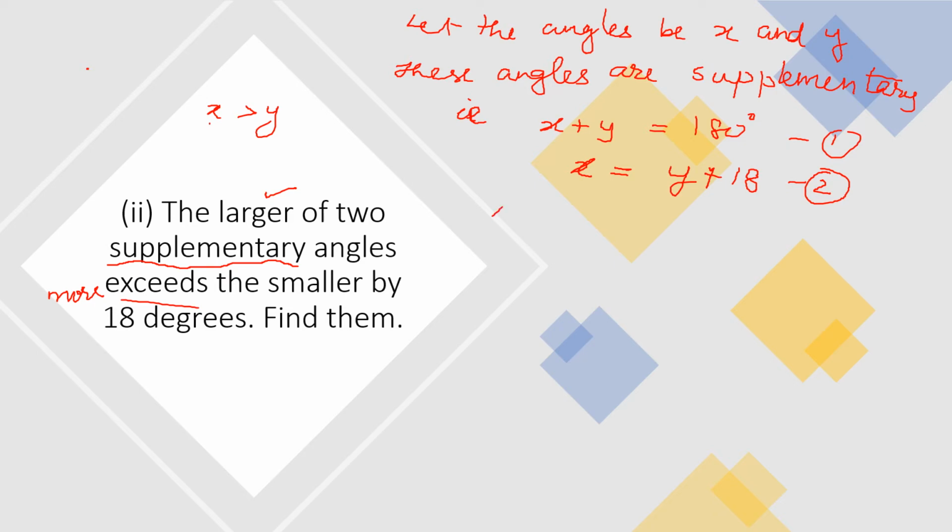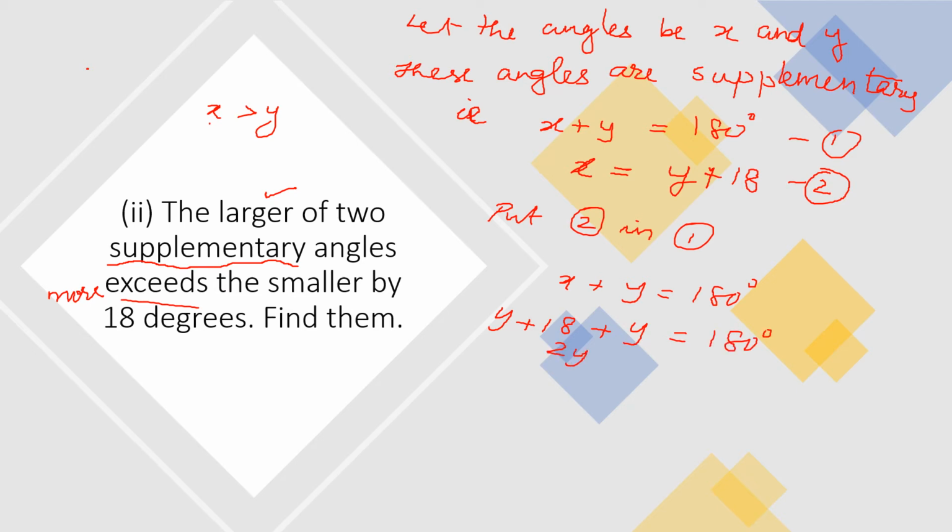You have to substitute and then find the value. Put 2 in 1. x is equal to y plus 18, and x plus y is equal to 180 degrees. So in place of x you put y plus 18. Y plus 18 plus y is equal to 180, or 2y plus 18 is equal to 180.